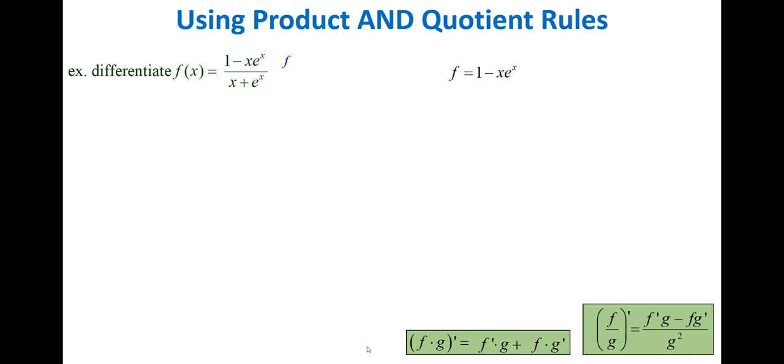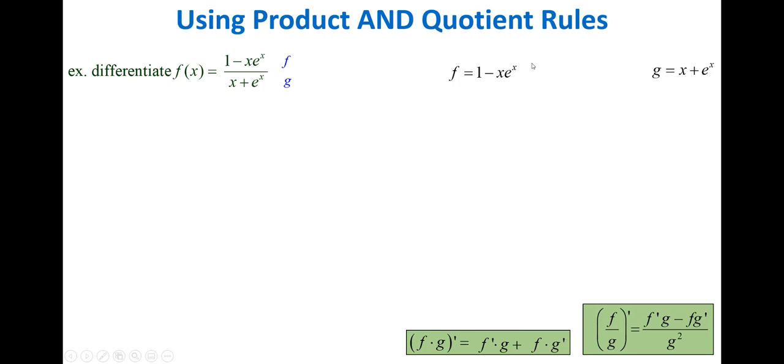Right. Now I'm going to start off with quotient rule, which works from the outside in, macro to micro. That makes f 1 minus x times e to the x. G will be the denominator, x plus e to the x. And now, so far that's quotient rule.